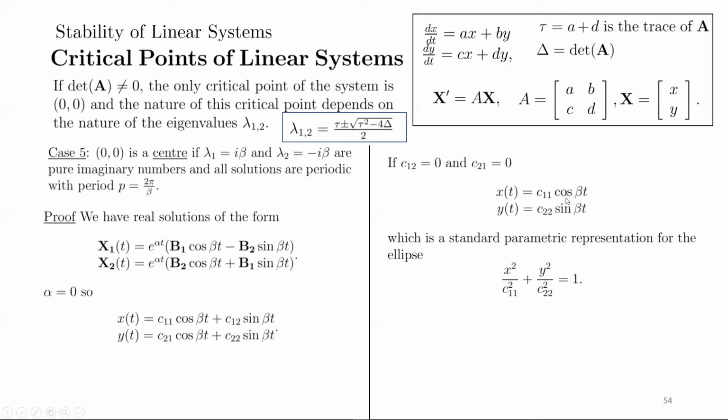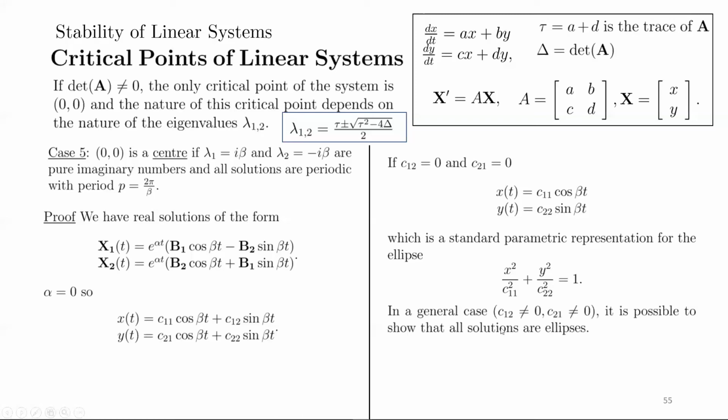On the left-hand side, I'll get x squared plus y squared. On the right-hand side, I'll have c11 squared cosine squared plus c22 squared sine squared. I could have factored out the c11 and the c22 before I squared it, actually. Then on the right-hand side I'll have cosine squared plus sine squared, which is equal to 1. And so you recognize this as the equation of an ellipse.